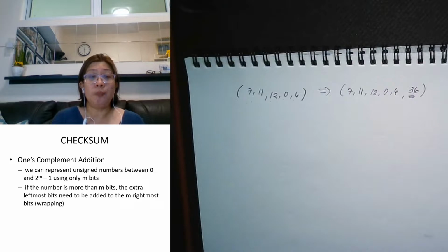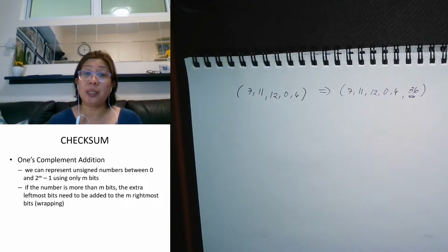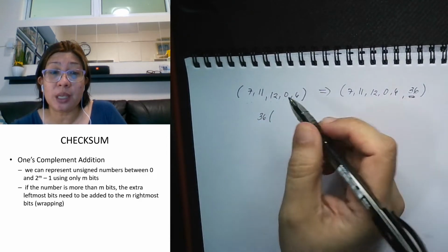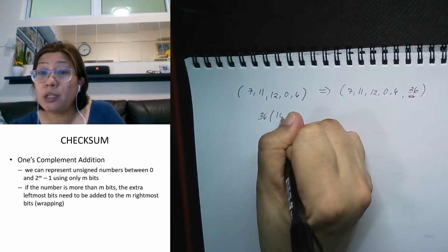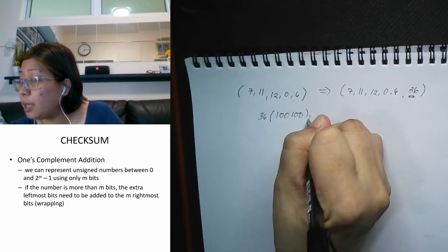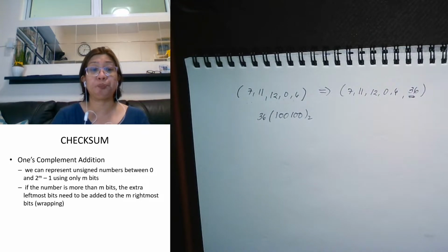Since 36 cannot be represented using only 4 bits, we are going to make use of the ones complement arithmetic. In this example, the binary number for 36 is 1 0 0 1 0 0, base 2.